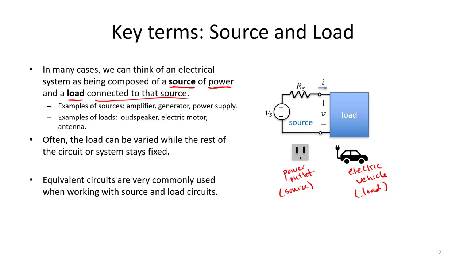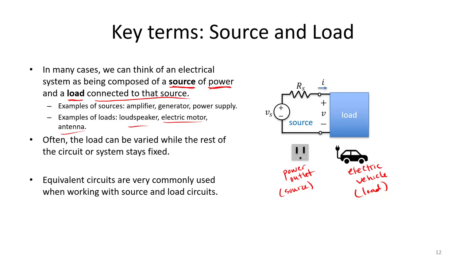That could be an amplifier, generator, power supply, voltage or current source. And then loads could be just about anything. It could be your cell phone, your laptop, loudspeaker, electric motor, antenna, many possible loads that we could have.